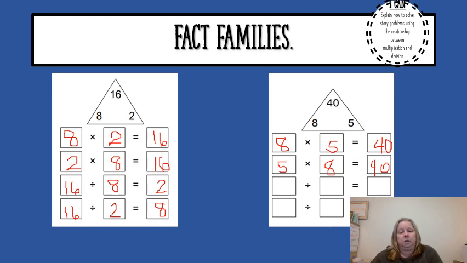And then this is division, so the big number goes first. 40 divided by 5 is 8. And 40 divided by 8, and I can't write on that part, is 5.